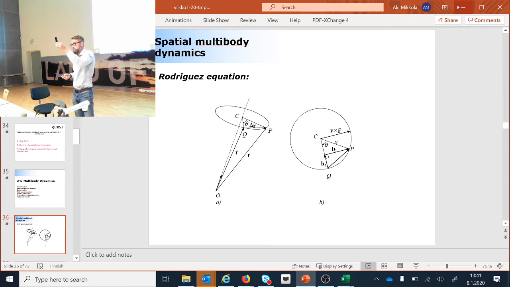Its projections with respect to the x, y, and z axes are the 3, and then theta will be the 4. Now I said earlier that if you're using 4 parameters, they are not independent, but somehow dependent on each other.